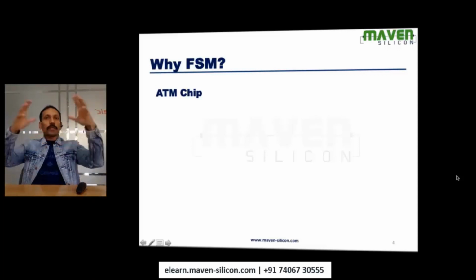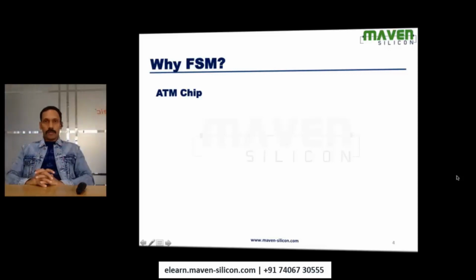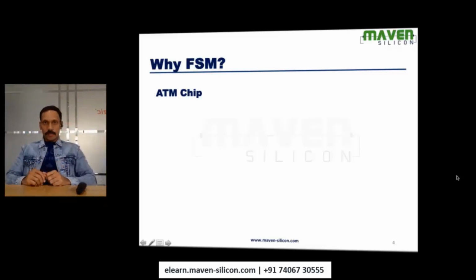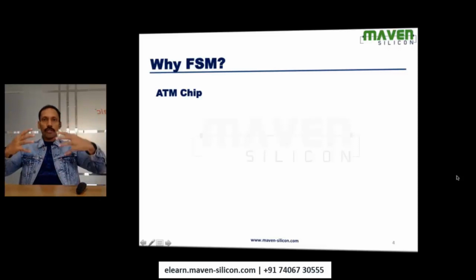There could be many possible scenarios. For example, you inserted your card but pressed the wrong PIN number. Then what would happen? Or if someone is trying to misuse your credit card, then how does it have to protect your information, user identity? Or the machine is running out of cash. Then what would happen? So like this, you have to think through various possible scenarios.